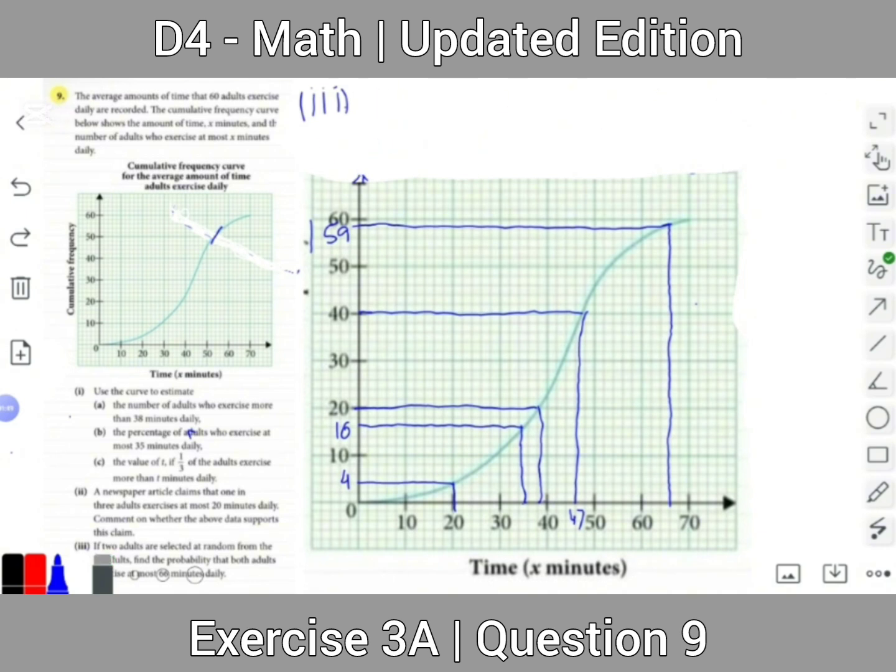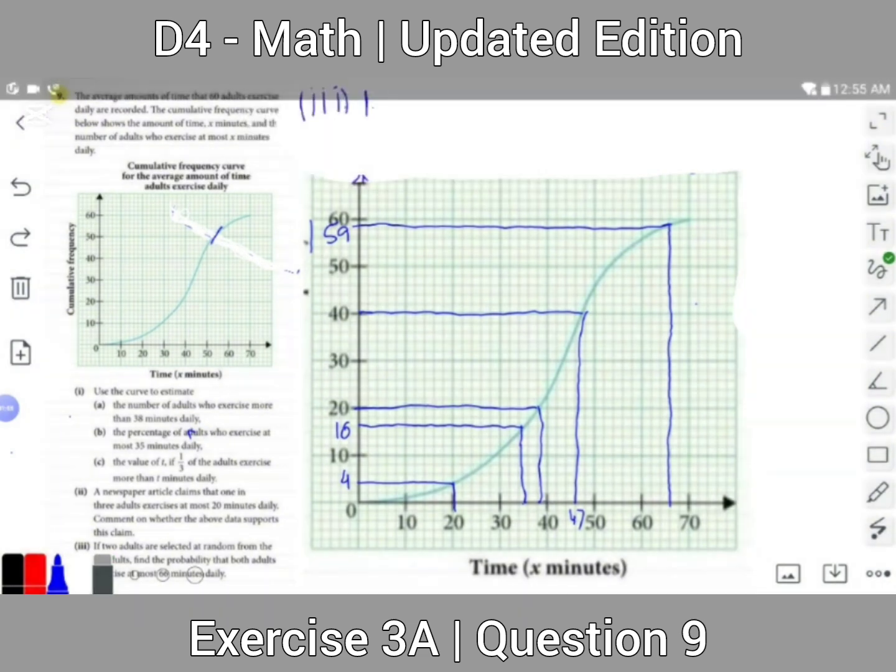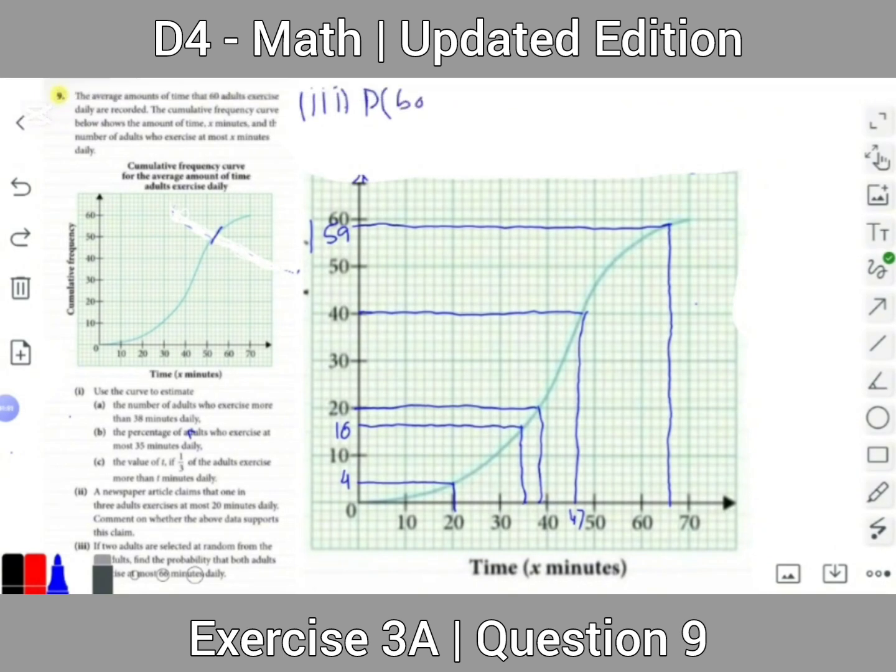Now we have to find out the probability that both adults exercise at most 66 minutes daily.